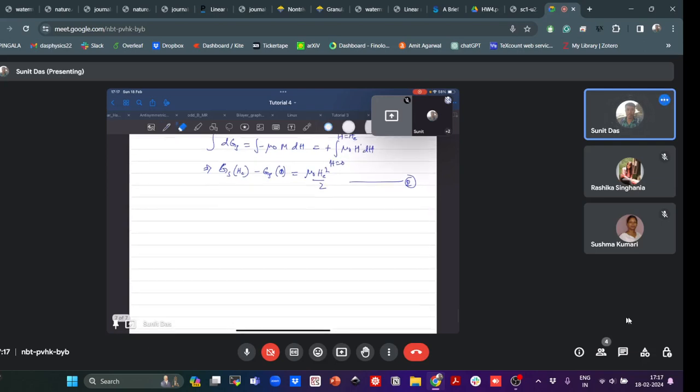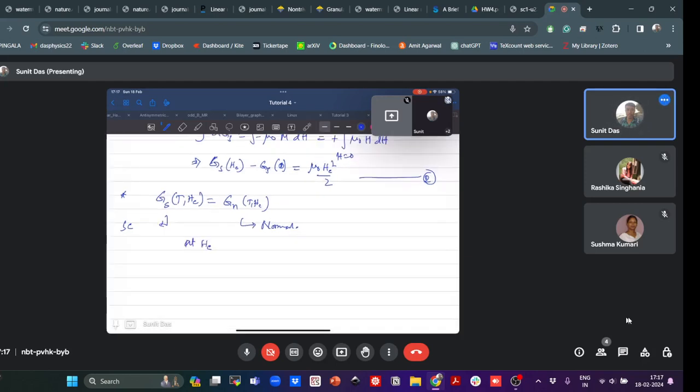Now, what we know is G_S at Hc equal to G_N at Hc. Why does this happen? This is for the superconductor, this is for normal, right? This happens because at Hc, the critical magnetic field, the system starts becoming normal.